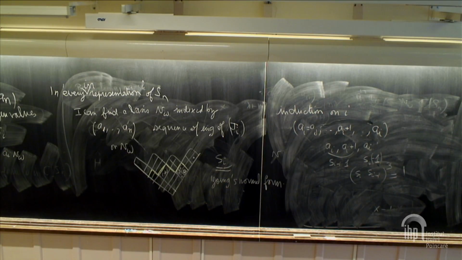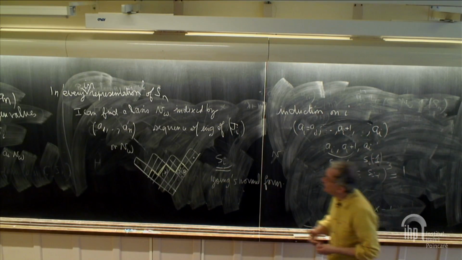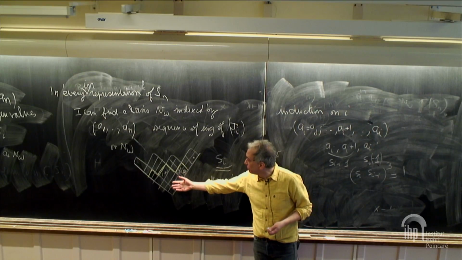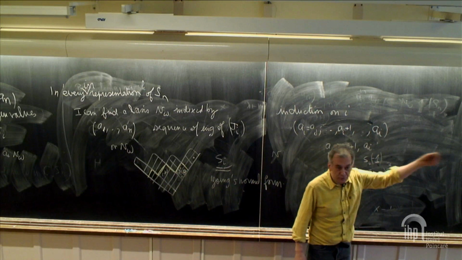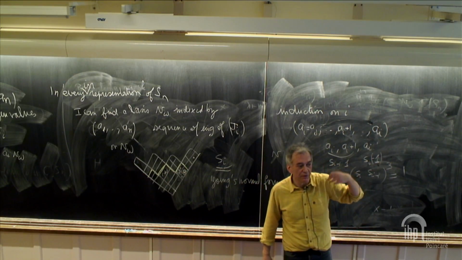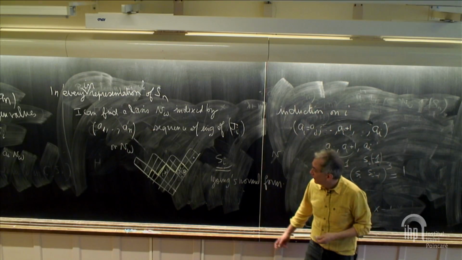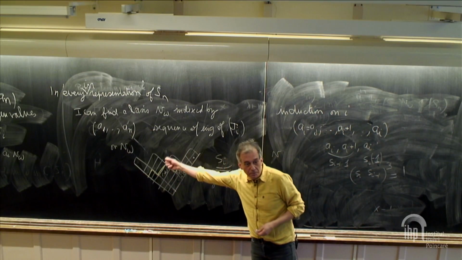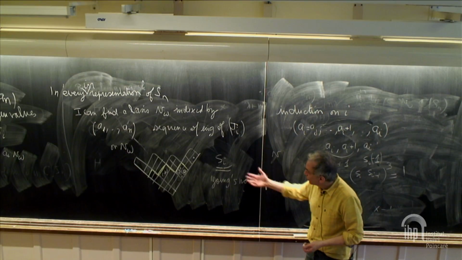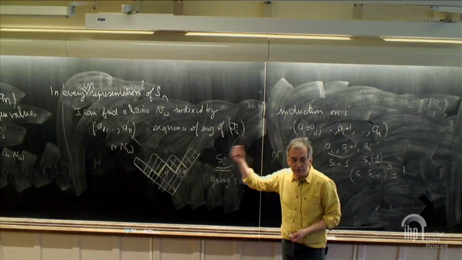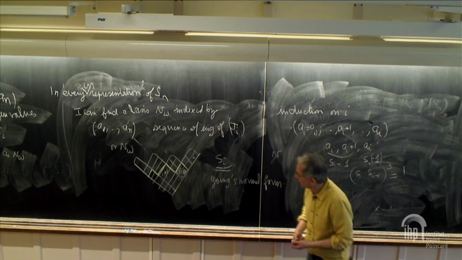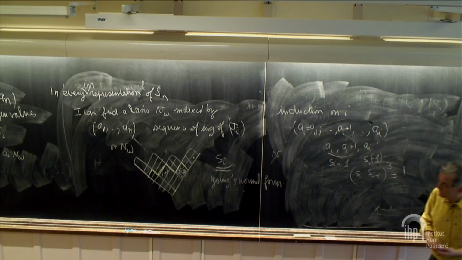Okay, so this proves that any irreducible representation of the symmetric group has a basis indexed by either Young tableaux or sequences like that which correspond to the successive contents of the boxes of a Young tableau. So there is a basis like that. We can express the s_i explicitly in this basis by explicit matrices.